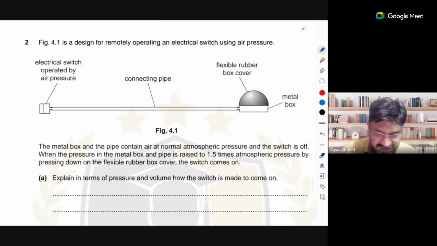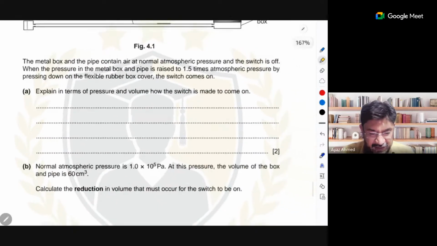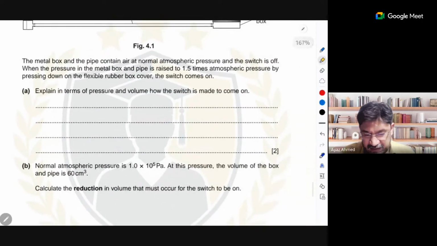Okay. The next was a more practical question. Figure 4.1 is designed to remotely operate an electrical switch using pressure. This is the electrical switch operated by air pressure. Then you have the connecting pipe, flexible rubber, and box cover, metal box, etc. The metal box and the pipe contain air at normal atmospheric pressure and the switch is off.